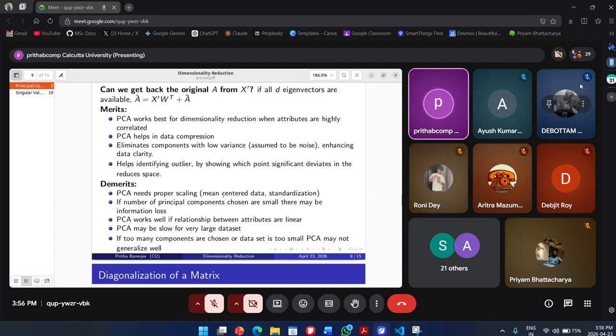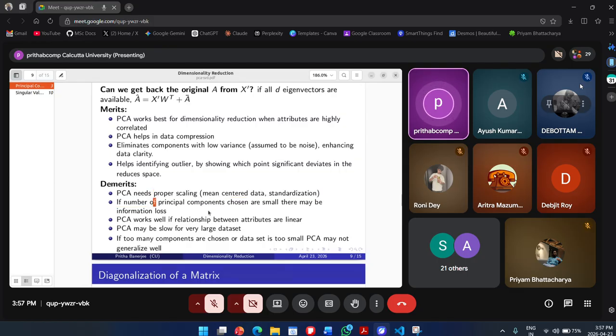Otherwise the floating point computations will not reflect the true nature of the variance. So this proper scaling is required if your attributes vary too much in their range of values. That is one pre-processing step you need to do before you apply PCA.